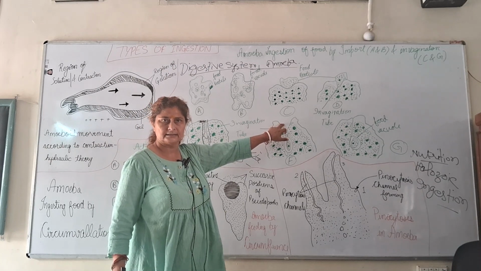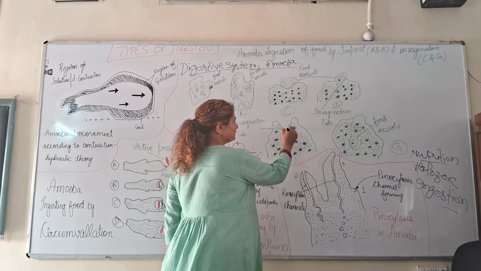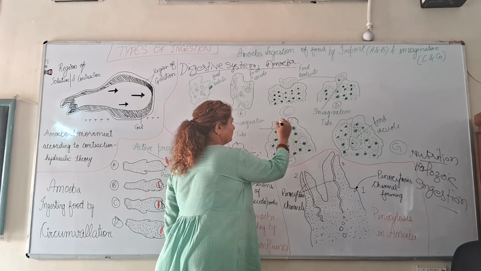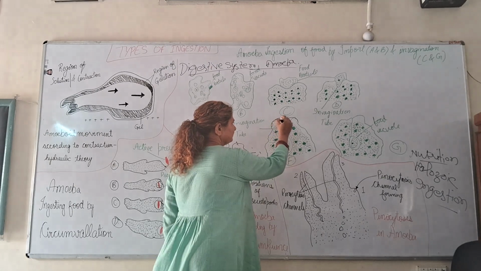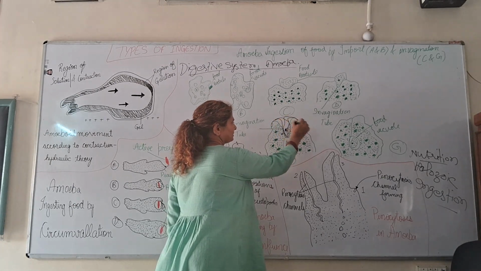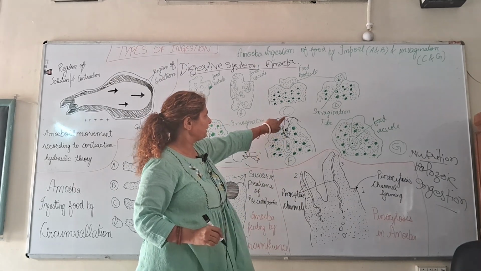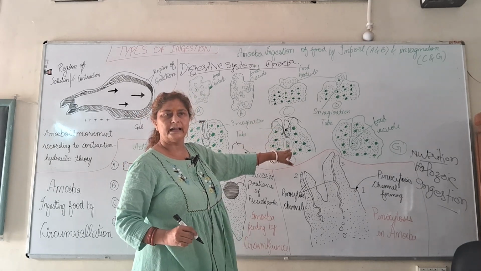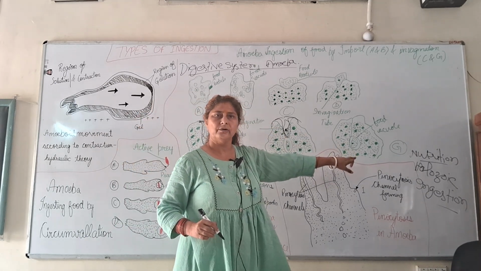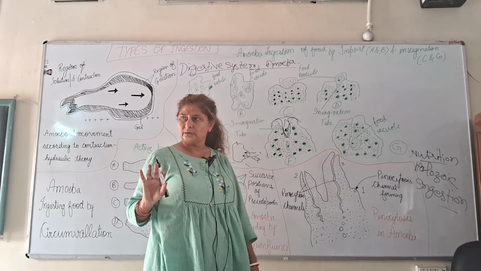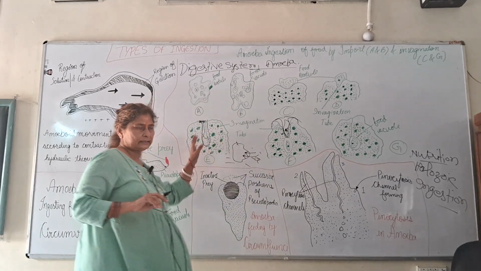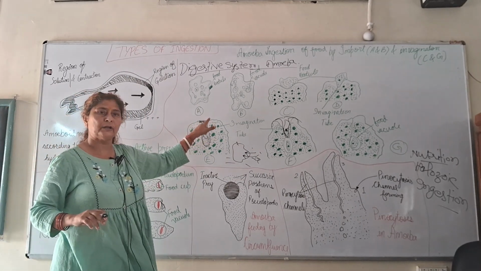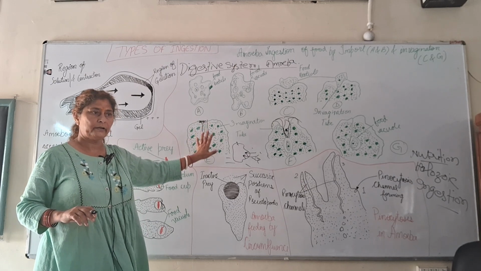After that, they meet with each other and it pinches out inside and becomes the food vacuole. Did you understand the second method? What is the difference from the first method? There they wrap the food. Here there is formation of the tube. Difference is this.